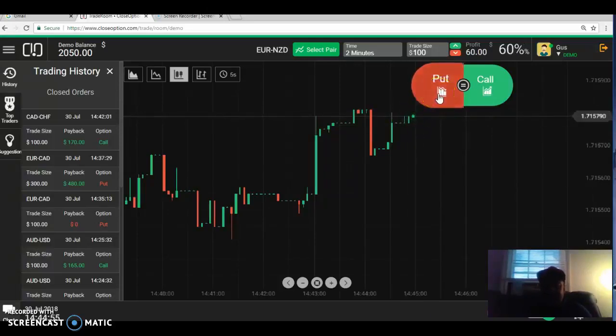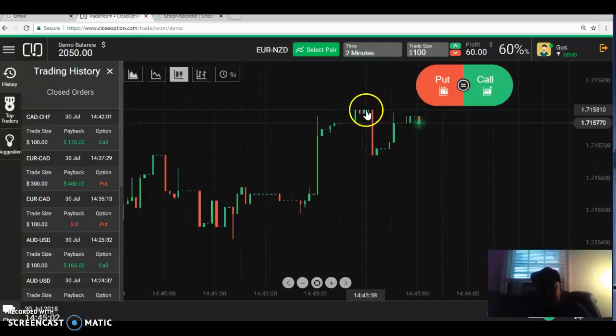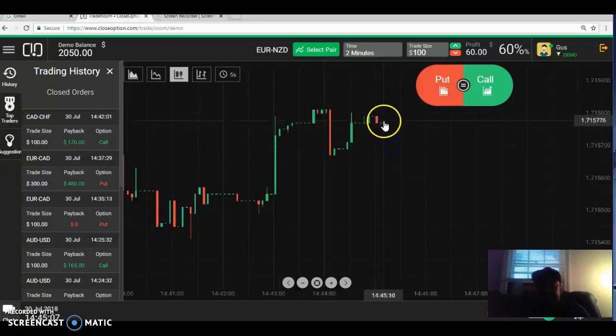Based on the history here, it's been slowly going upwards, but it meets this level of resistance here. Let's sit on this and see if it pops up to this level.